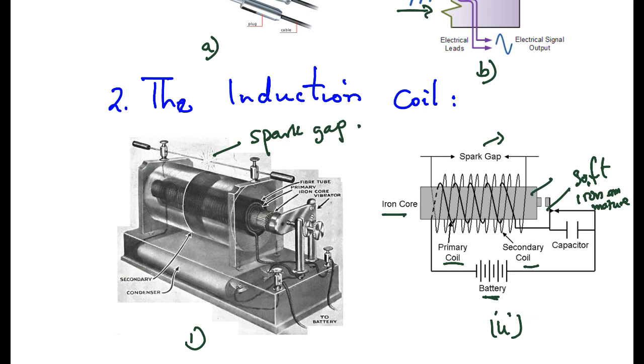The springs are there to pull back the armature to reconnect again for current to flow in the primary coil. The process repeats and the induction coil continues to work.